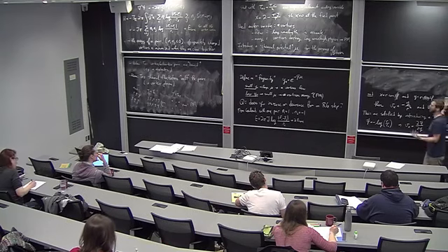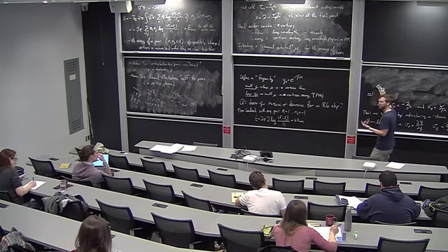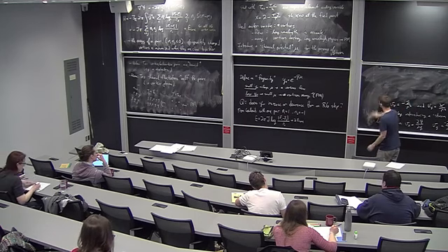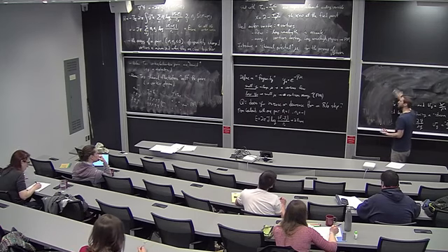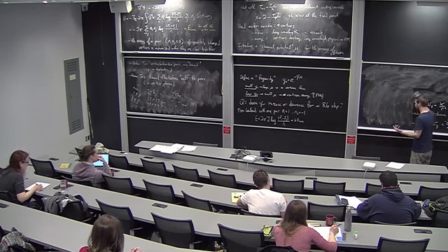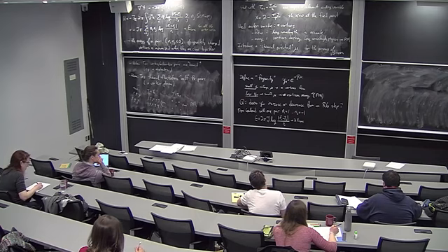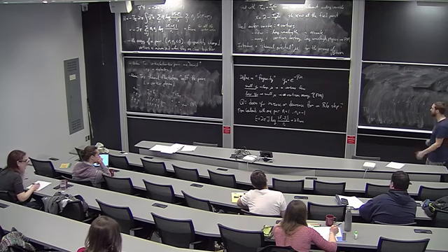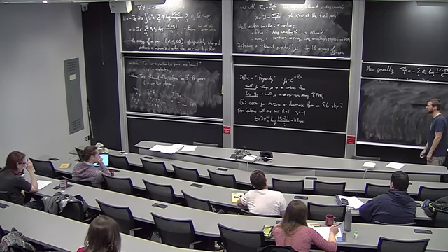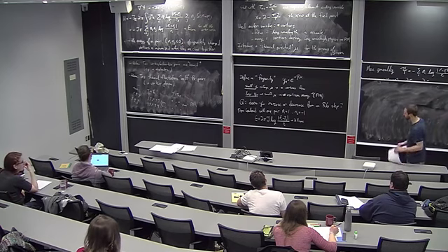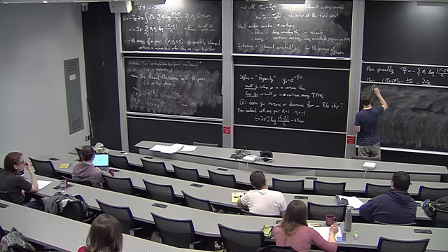So I'm imagining a grand canonical ensemble of vortices. Why not? I can define essentially a Boltzmann probability, which is e to the minus beta E, maybe e to the minus beta mu. So that's just a pair of vortices, a probability.